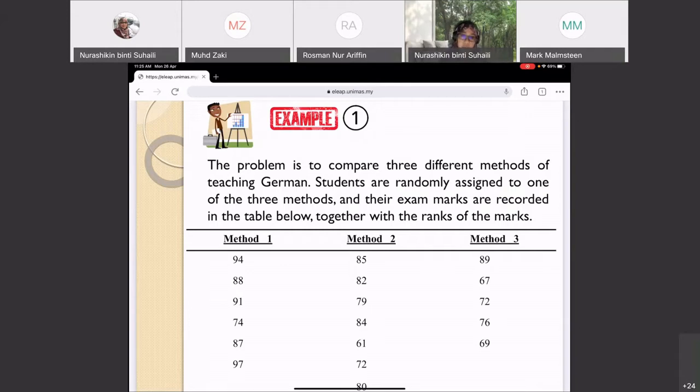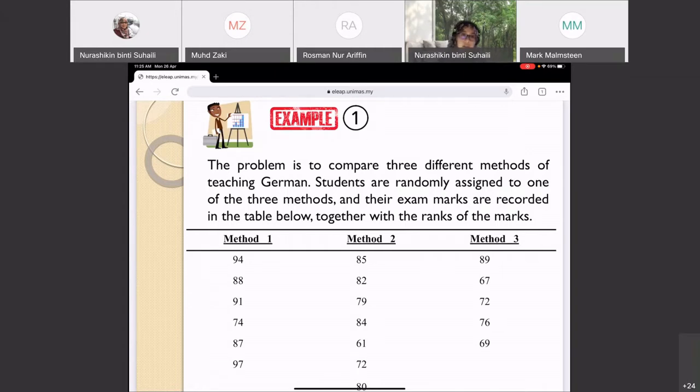The comparison is made as follows: method 1 has 6 data points, method 2 has 7, and method 3 has 5.